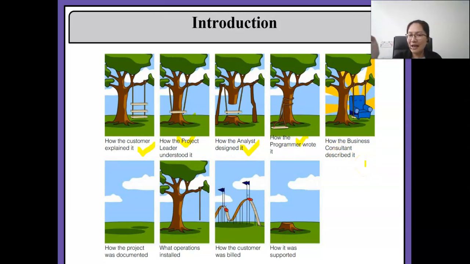Then after everything is done, you go to the business consultant and say the customer needs something like this, please do the budget or the quotation for it. Definitely the businessman will give a higher quotation with higher spec. So the business consultant will give you something like this.